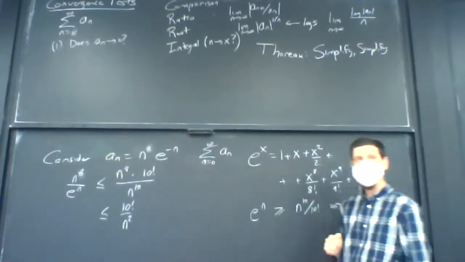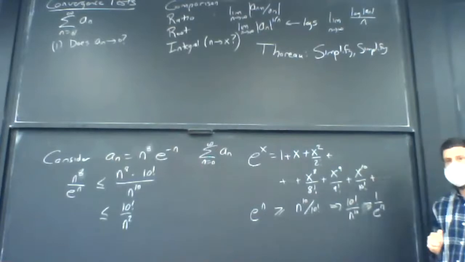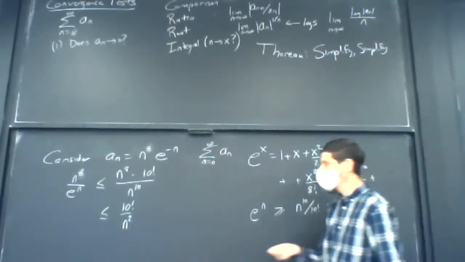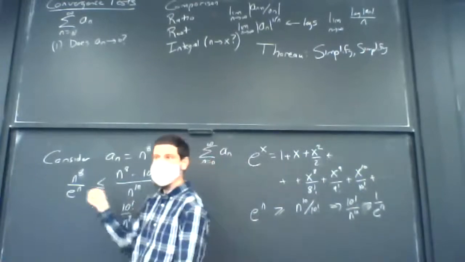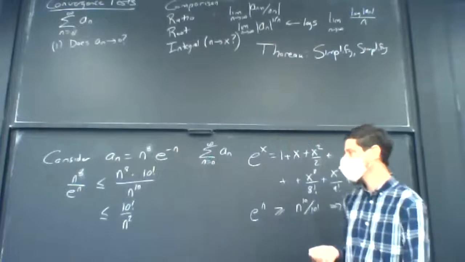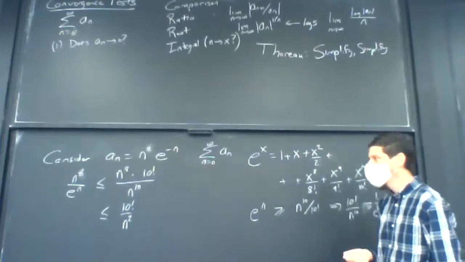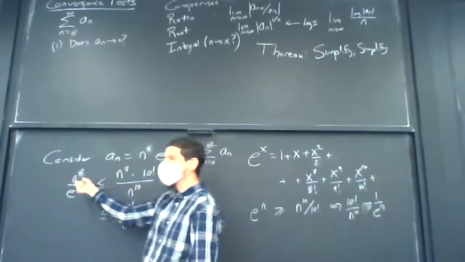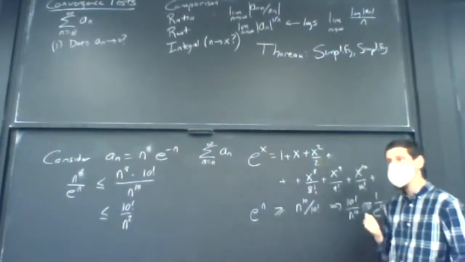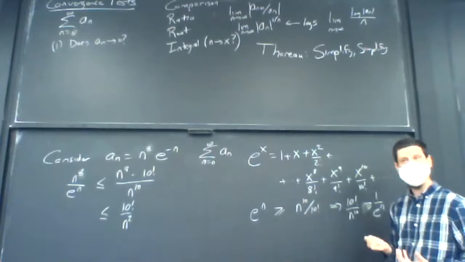Does the 10 factorial matter? In terms of whether or not the sum converges, does the 10 factorial? No. Think of it as just rescaling things. We know that term by term, this is less than a constant multiple of 1 over n squared. What do we know about the sum of 1 over n squared?